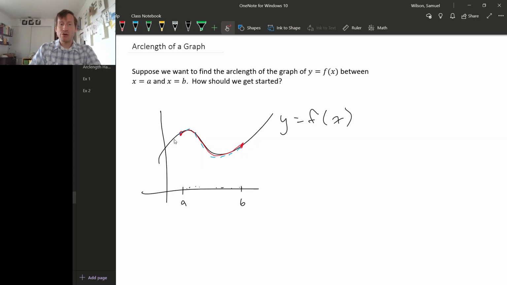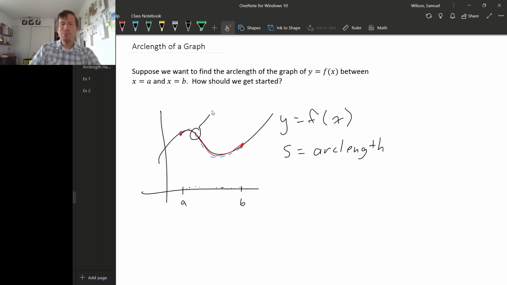So the traditional variable name for arc length is s for some reason. I don't know why it's not L for length or A for arc length, but it is what it is, s. And so one of these little chunks of arc length is an infinitely small little piece of arc length. And remember, the notation we use to refer to an infinitely small piece of something is d of that thing.